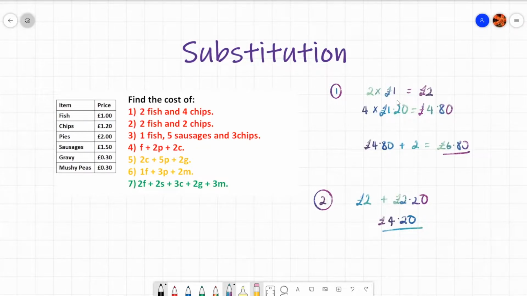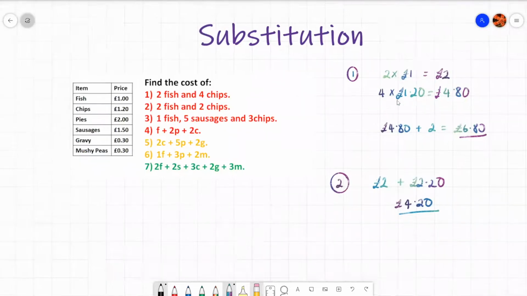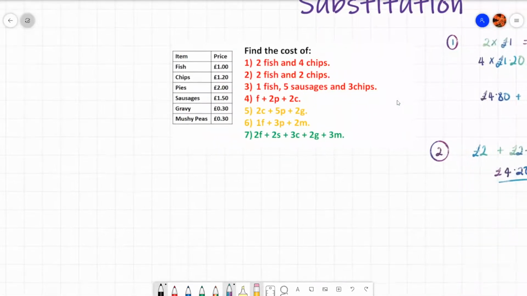We can see here that the f has been abbreviated for fish, the p has been abbreviated for pie, and the c has been abbreviated for chips. So instead of the letters, we are going to replace the letters with the number. So for example here, let's write number 4 here. So we're going to have f plus 2p plus 2c.